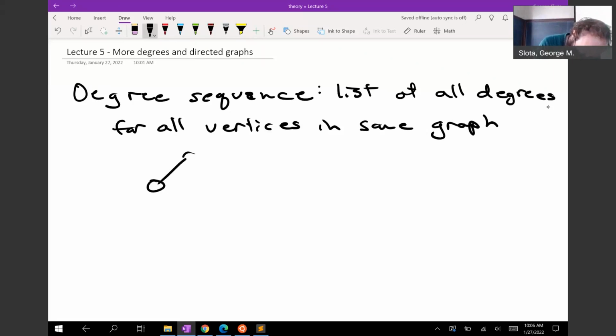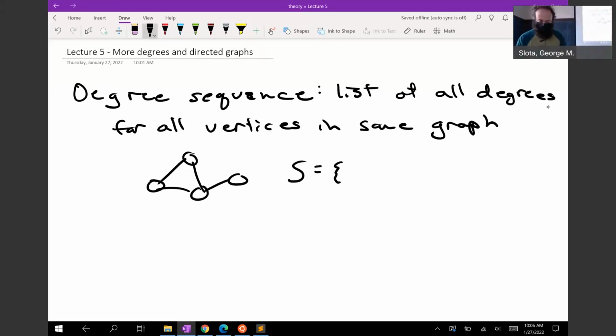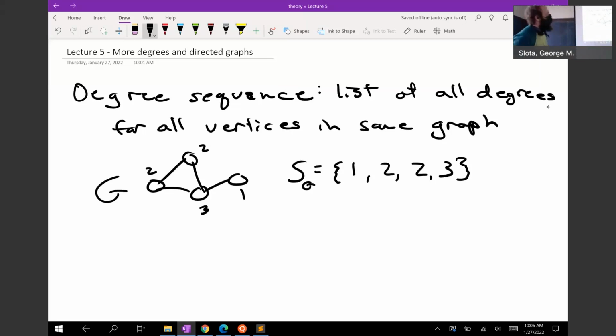So if we have a graph here, it's one of those, the degree sequence. Occasionally we'll do them in sorted order, sometimes not, doesn't really matter. Degree sequence is just going to be a list of the degrees, so 1, 3, 2, and 2 would be the degrees that we have here. So we could just say 1, 2, 2, 3. There's our degree sequence, S of G, the degree sequence of graph G: 1, 2, 2, 3. Just a listing of all the degrees of all vertices.